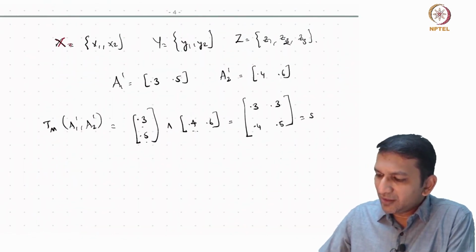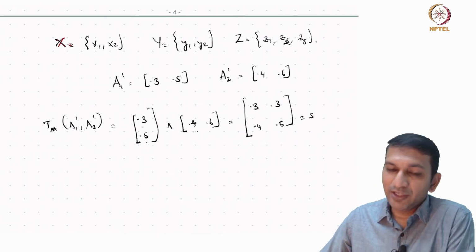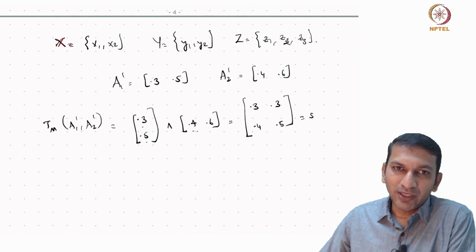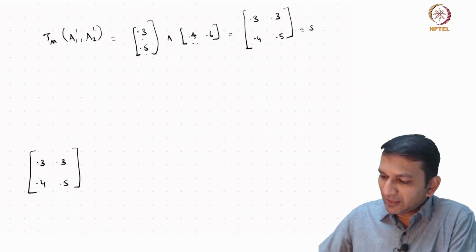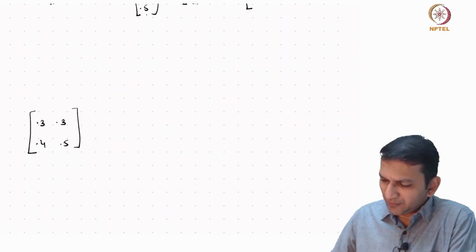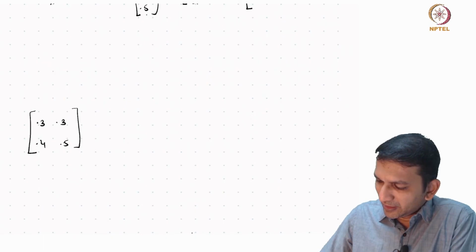Since R is a relation from X cross Y cross Z to [0, 1], we saw that we can fix z1, z2, z3 and then vary the first two components, in which case we get a three-dimensional matrix, of course, but it's a 2 cross 2 cross 3. So we will get three 2 cross 2 matrices. So allow me to write them directly.